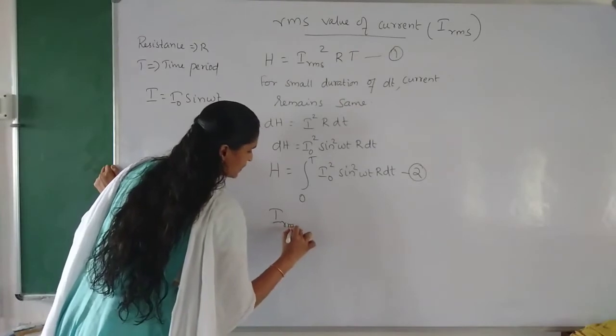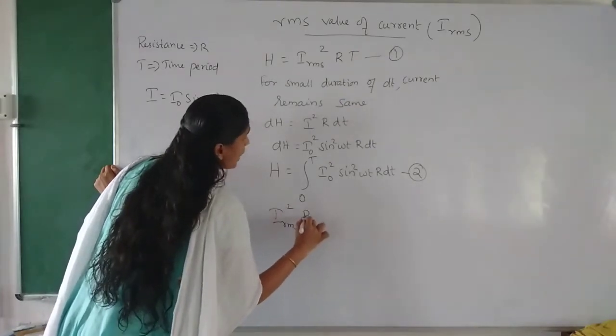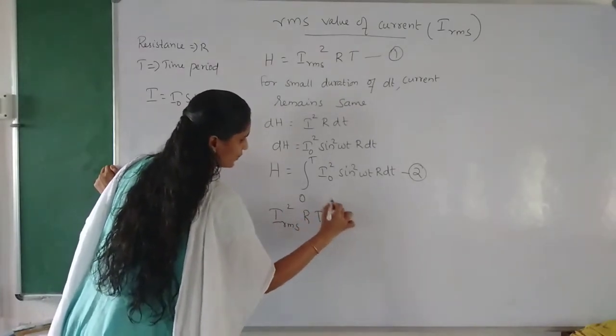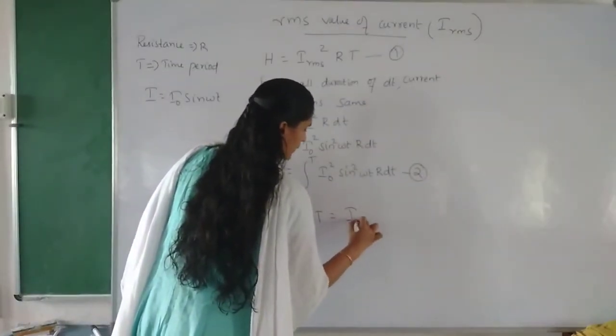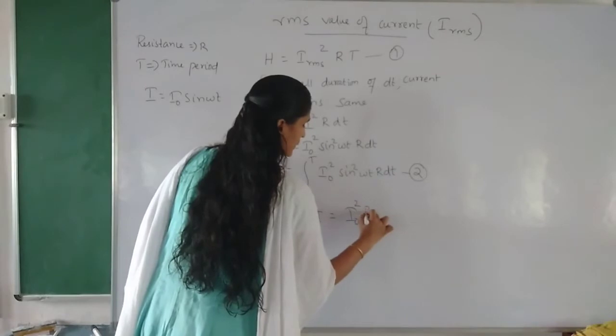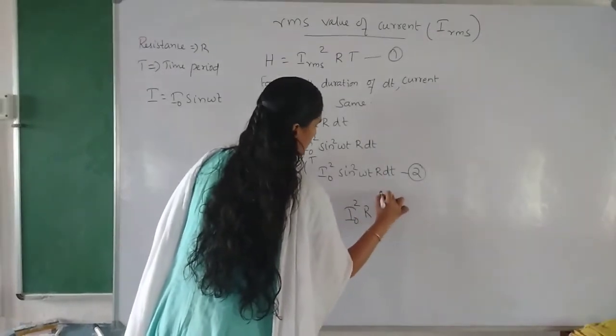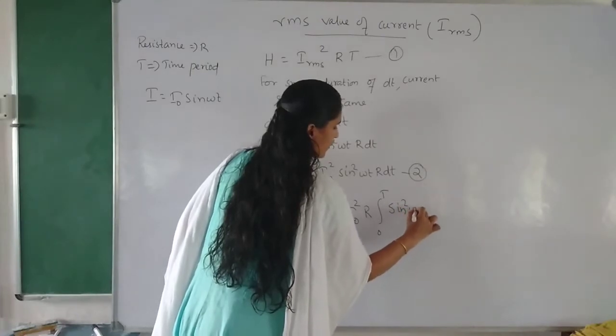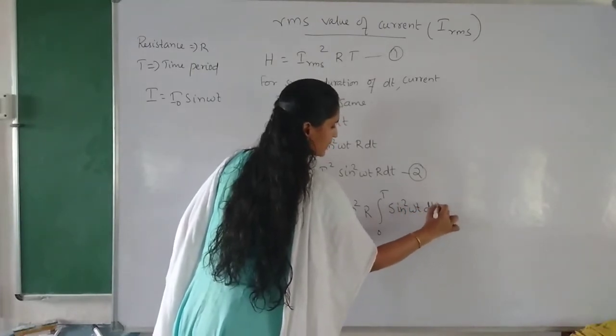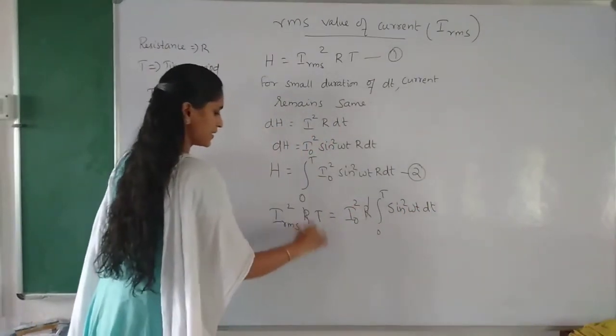I RMS square R T is equal to I0 square R, which can be taken outside, integral 0 to T sin square omega t dt. R can be cancelled.